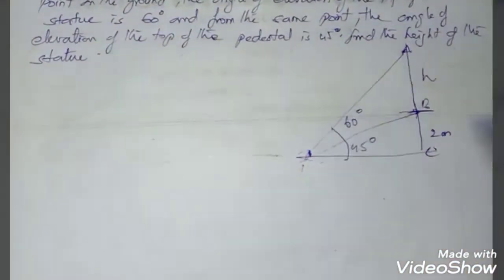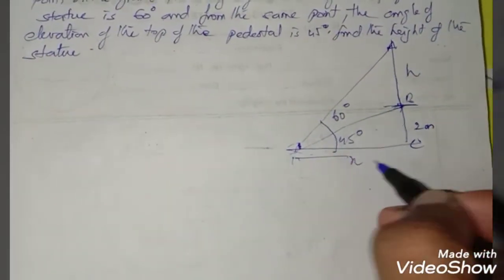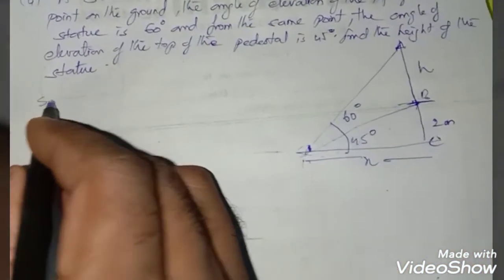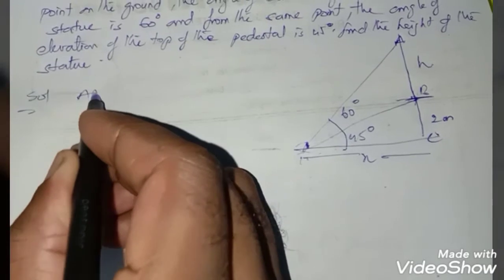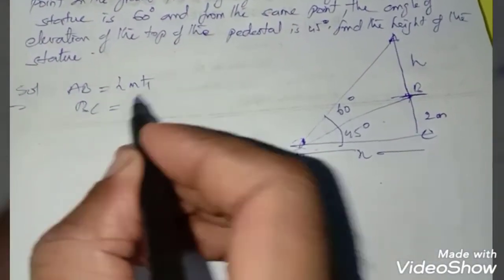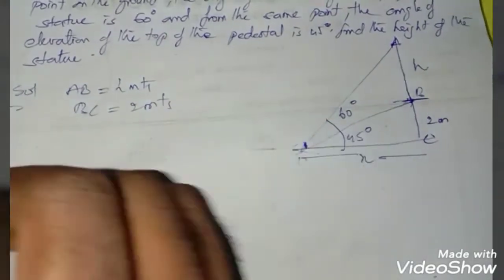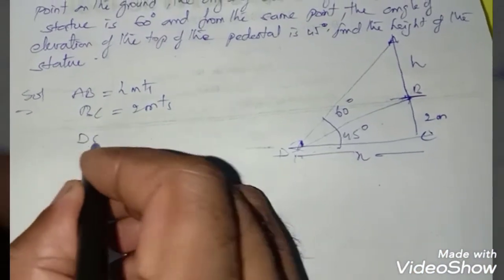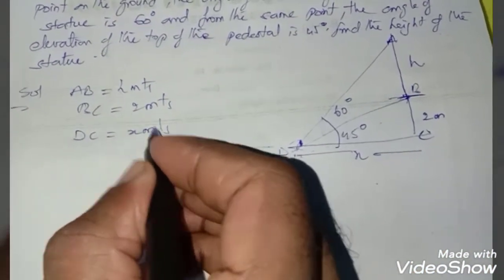Now how to find it? We don't know the complete distance from the statue to the person. So I can say AB is equal to h meters, that is the statue, and BC is equal to 2 meters, that is the pedestal, and we don't know the length of DC. So here DC is equal to x meters.